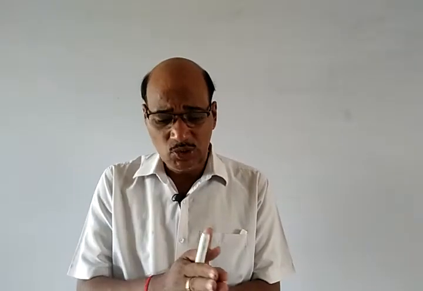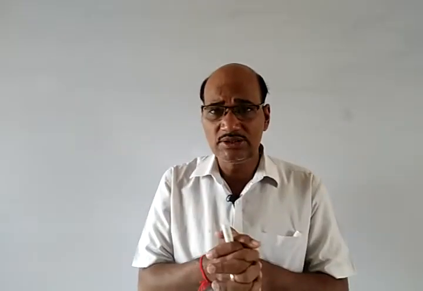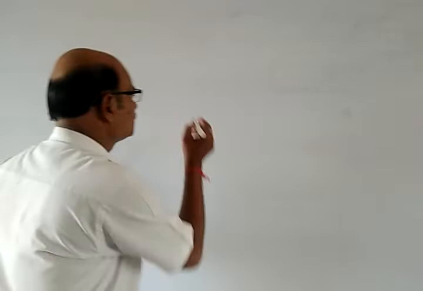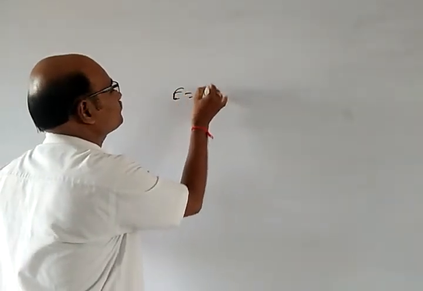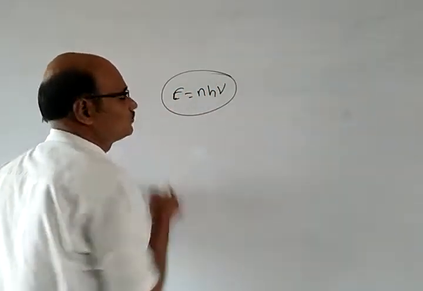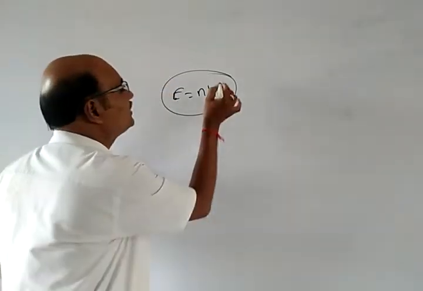So any source or radiation is losing or absorbing energy not continuously but discontinuously. This discontinuous absorption or emission of energy is by small packets of energy called quanta or photon, and that is given by E is equal to n h nu.